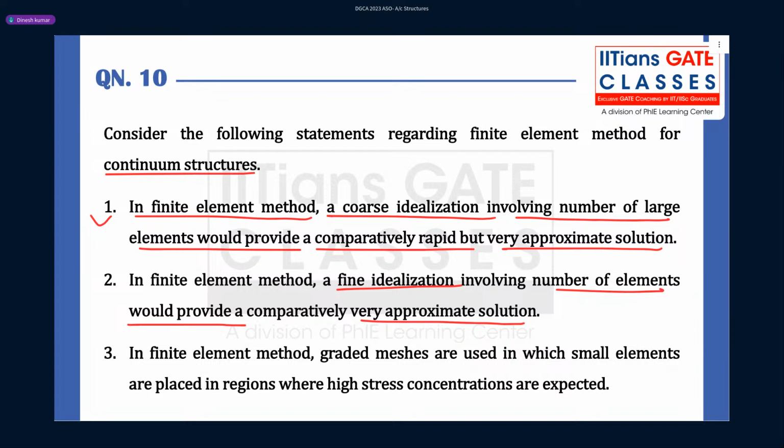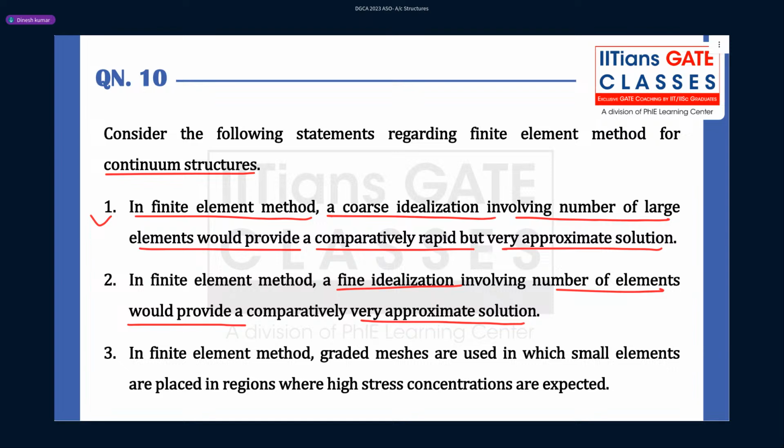Let me see the actual paper, question number 10, to check whether it is a typo. Yeah, so here actually there is a typo in option 2.